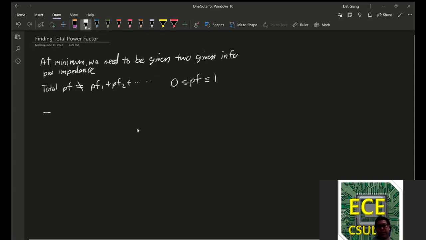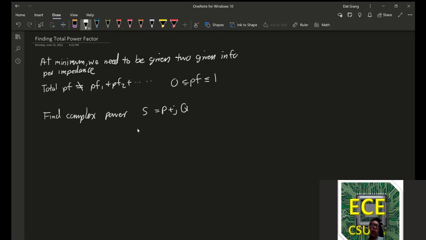The goal is to find complex power, S equals P plus JQ. Now, why find total power factor?